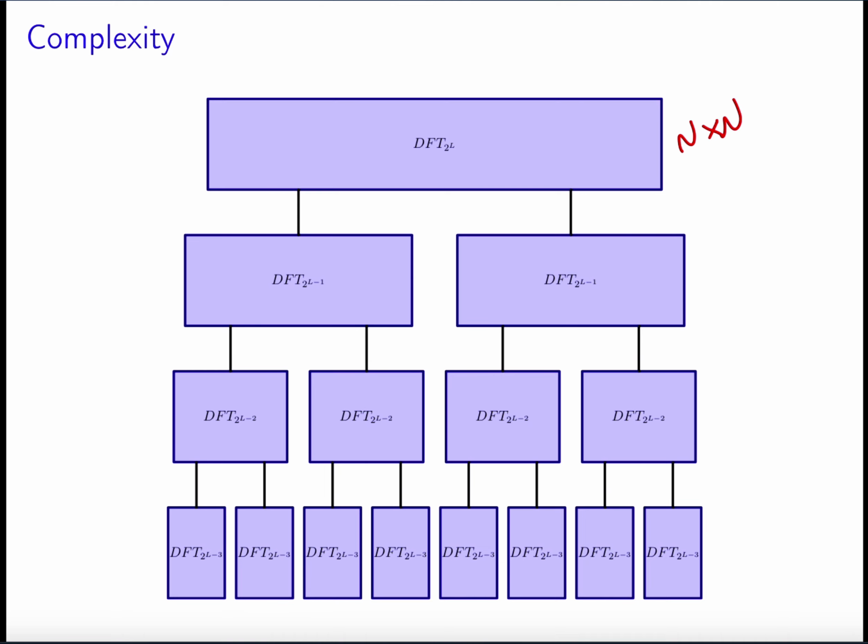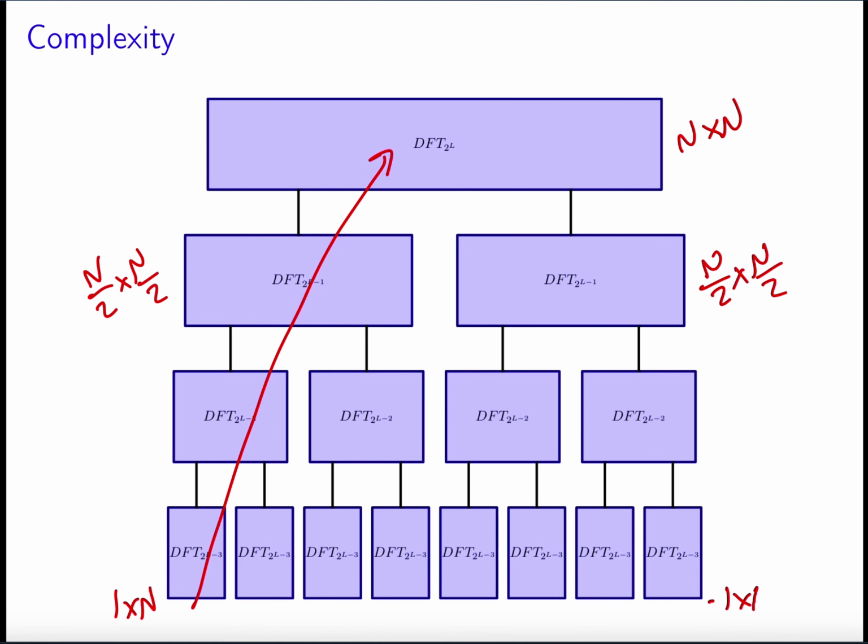You can do that with 2 n-half times n-half DFTs. Those you can do with 4 n-over-4 times n-over-4 DFTs, and so on. So as you can see, this is just a recursive algorithm where at the bottom you would just have 1 times 1 DFTs, but many of them, and you recombine them in this way until you build up to the n times n DFT. This is the recursive fast Fourier transform algorithm.